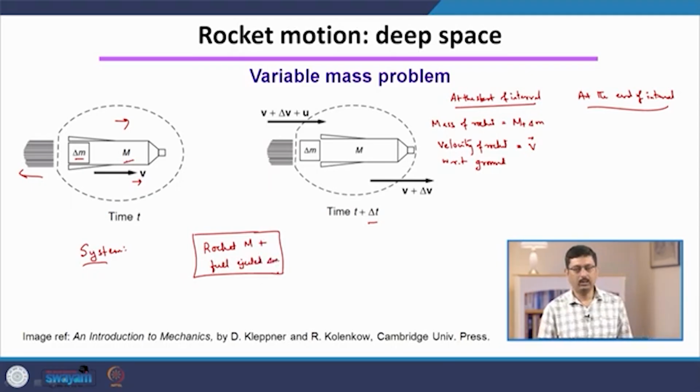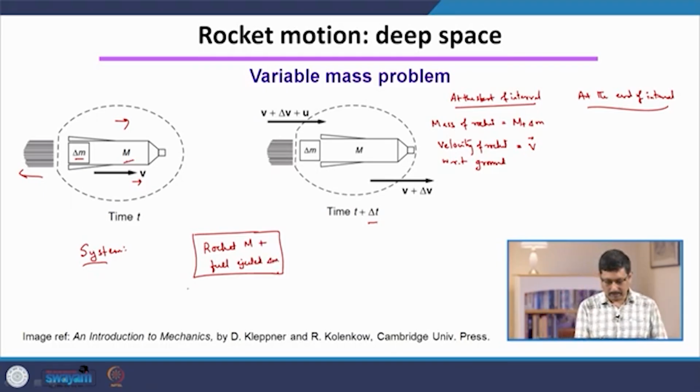Everything else is the surroundings, and remember, the rocket is in deep space. So we are going to assume for the time being that there is no external force acting on this system, only internal forces, the rocket and the fuel exerting forces on each other. So this is the situation.